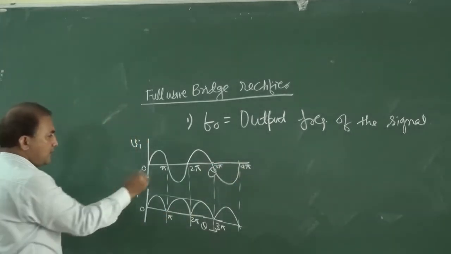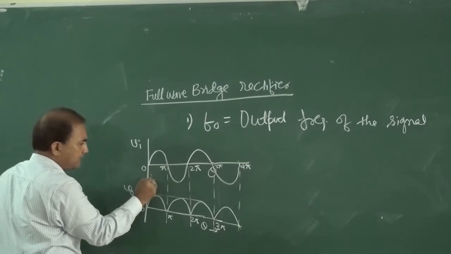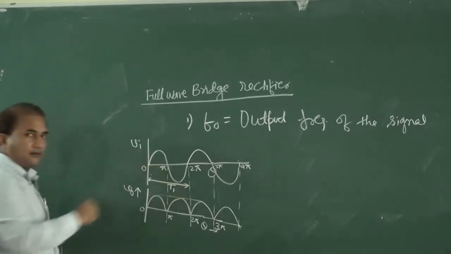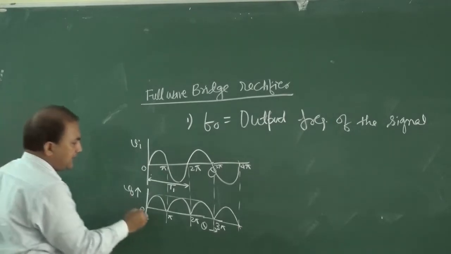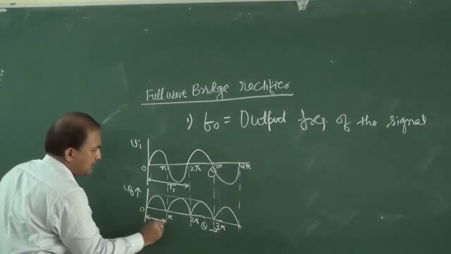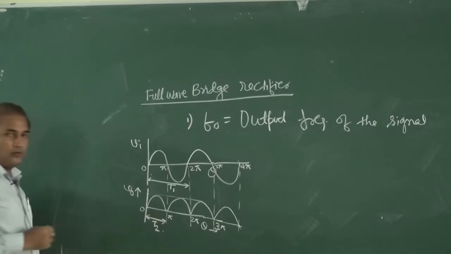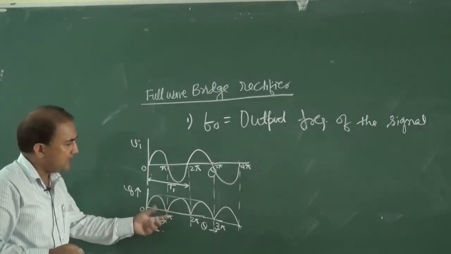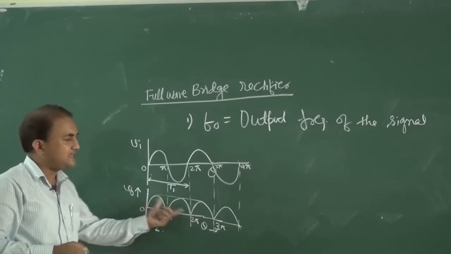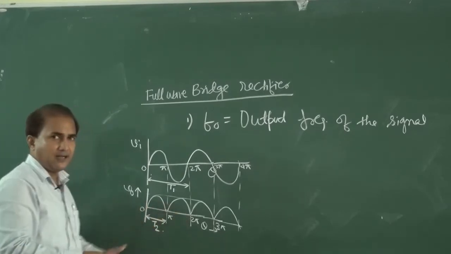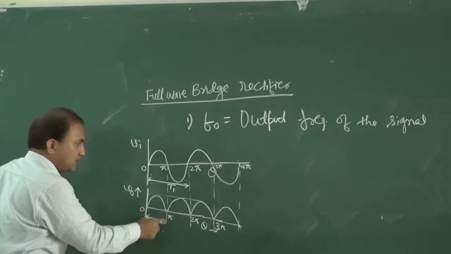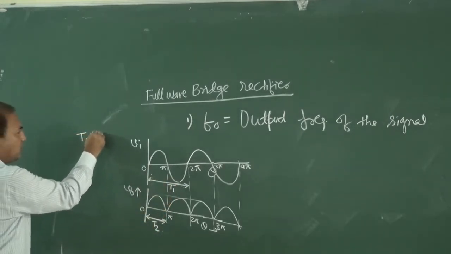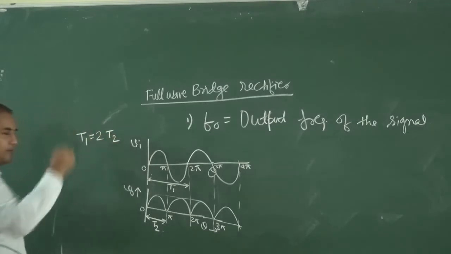Now you can see the time period of the input signal is T1, and the time period of the output signal is T2, because from 0 to pi it is this signal, and the same signal repeats. So T1 is equal to 2 times T2.